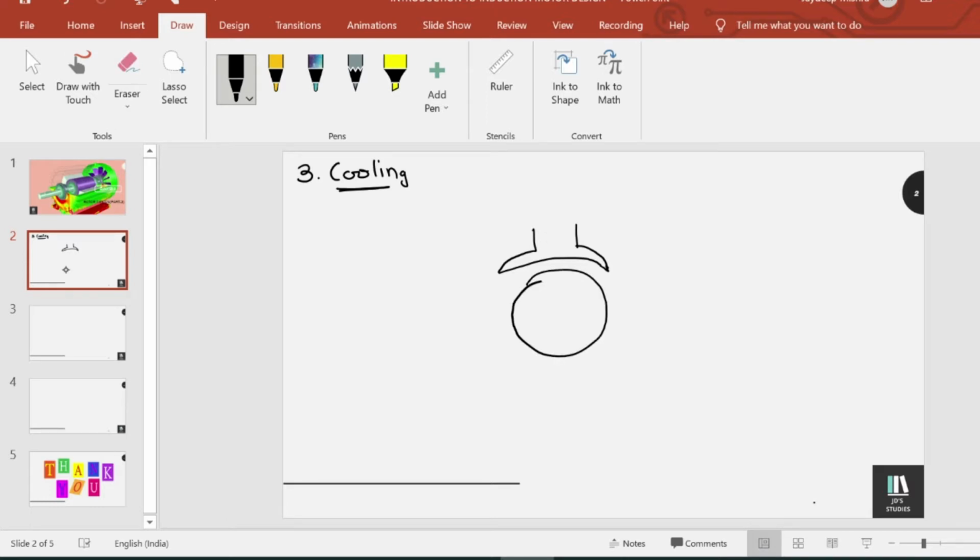And rotor here. If the air gap is increased, then there is better cooling.